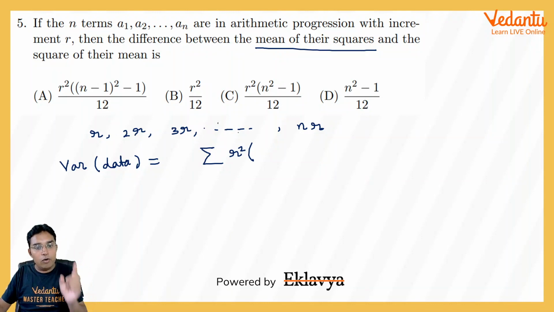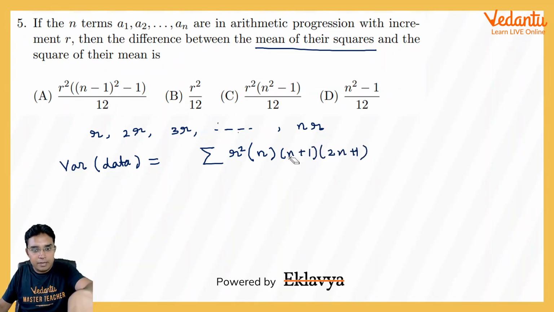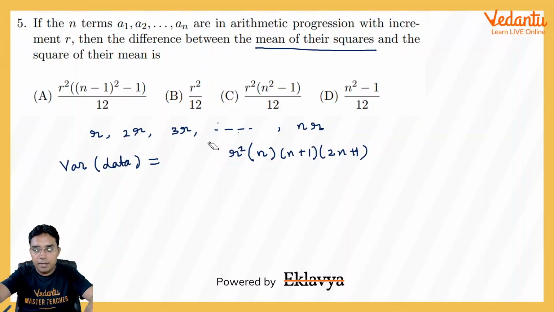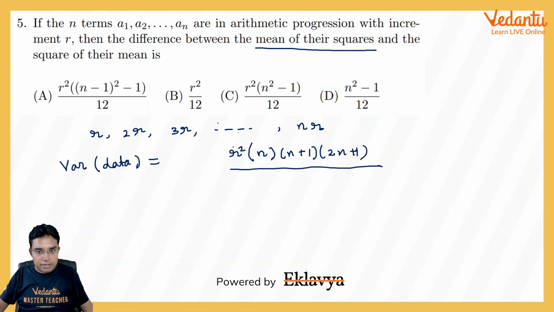Then it is just the sum of squares of the first n natural numbers, which would be n into n plus 1 into 2n plus 1, divided by 6. In fact, I have already taken the sigma, so the sigma is not needed. You can check, this is actually the sum of squares of all these numbers, because R square has been taken.